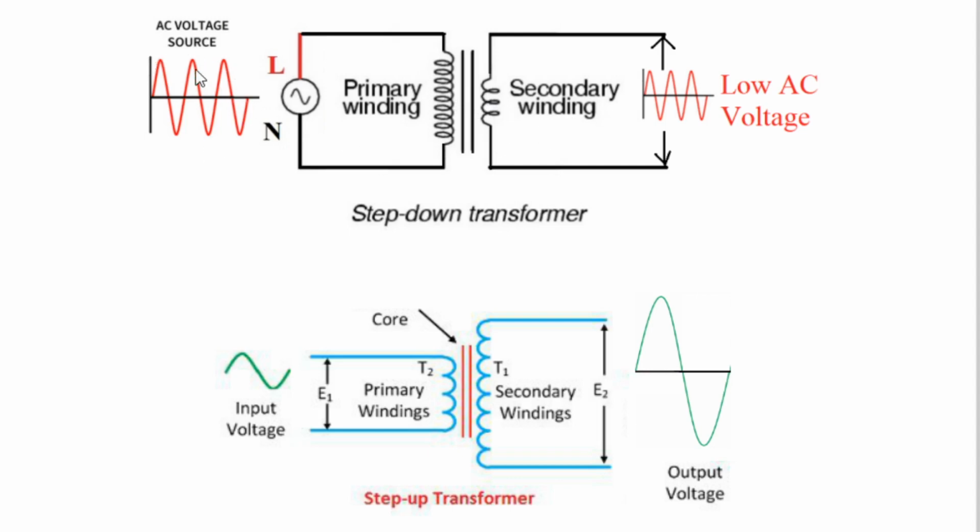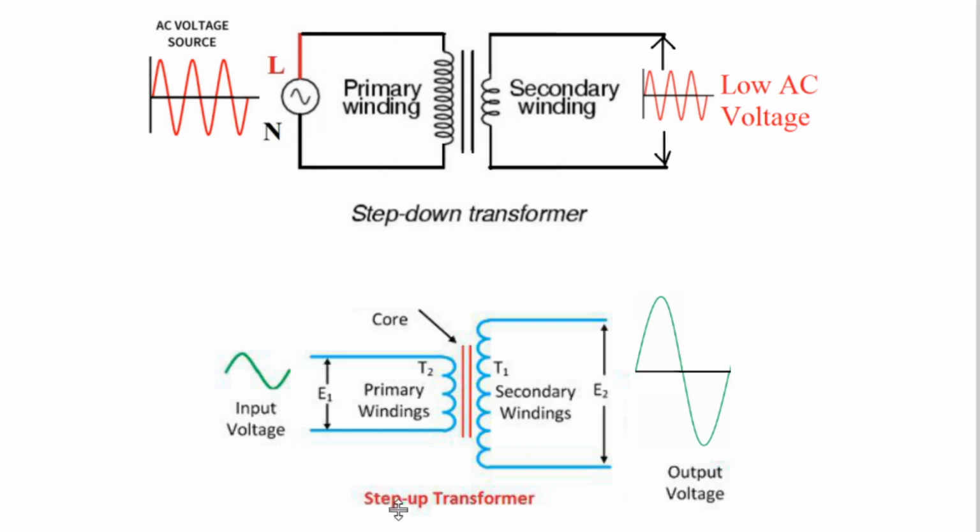So here you see the amplitude of this signal is large and this signal is of less magnitude, and it is called low AC voltage. Input 230 volt is applied to the primary, live and neutral, and because of fewer turns in the secondary, the output AC voltage is less, and this is called a step down transformer.